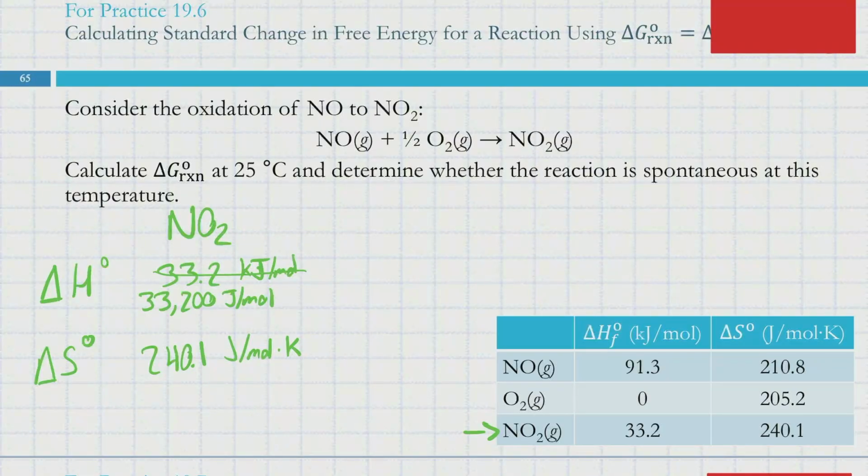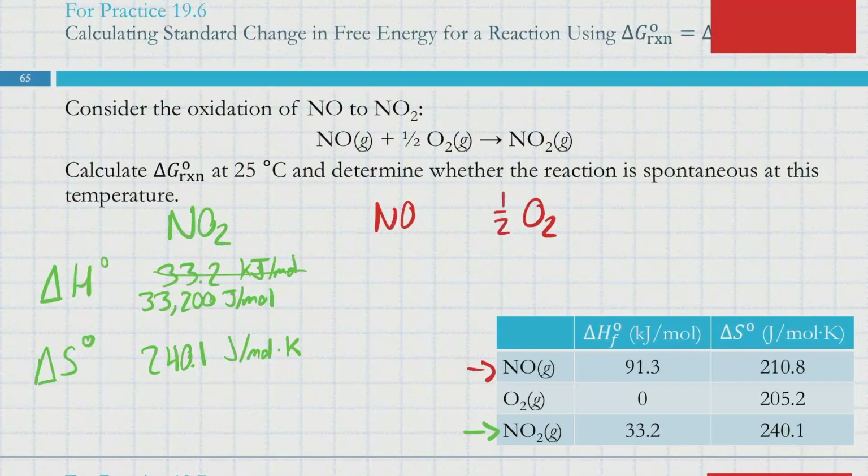And then for our reactants, we have NO and O2. For our NO, we've got values of 91.3 and 210.8.